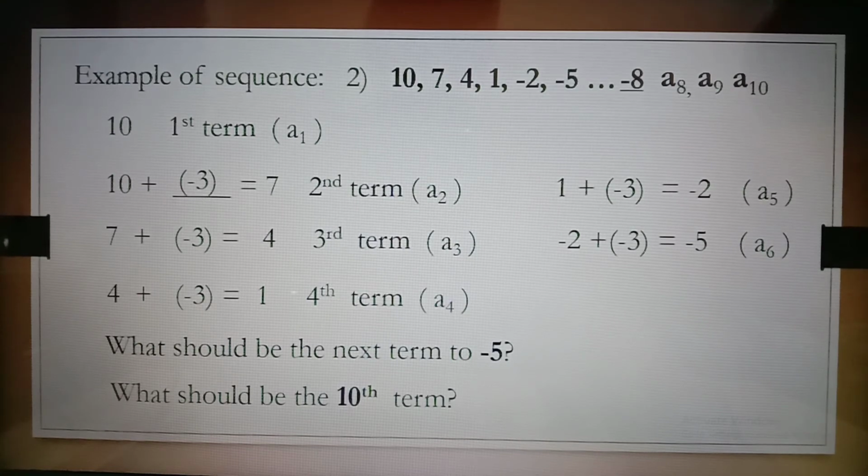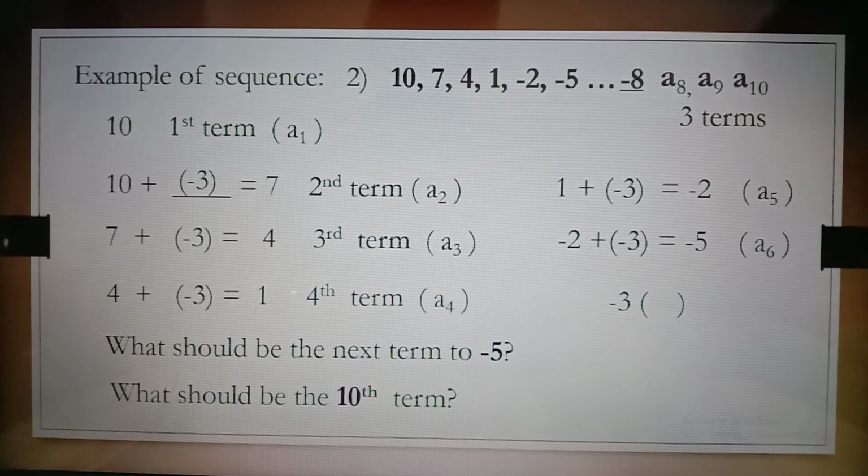So, again, 3 term na idadagdag. So, meron tayong number na negative 3 na idinadagdag natin sa bawat term. So, ngayon, since we have 3 terms na idadagdag pa, ang negative 3 will be multiplied by 3.